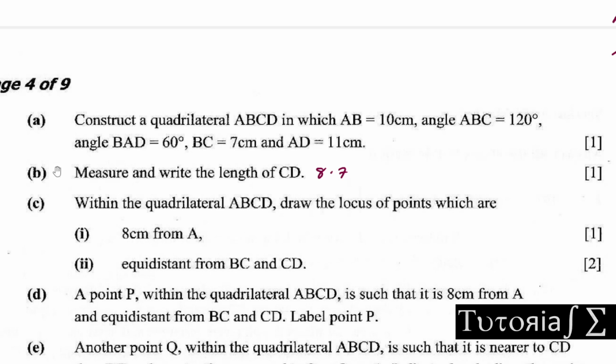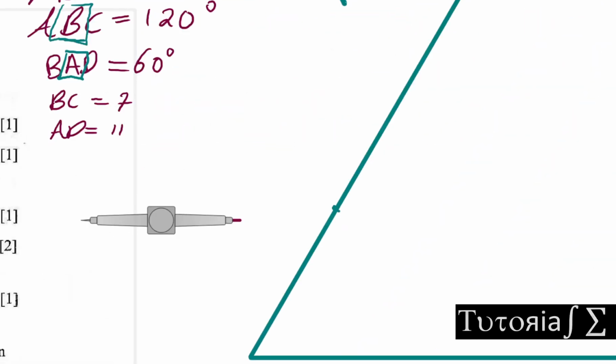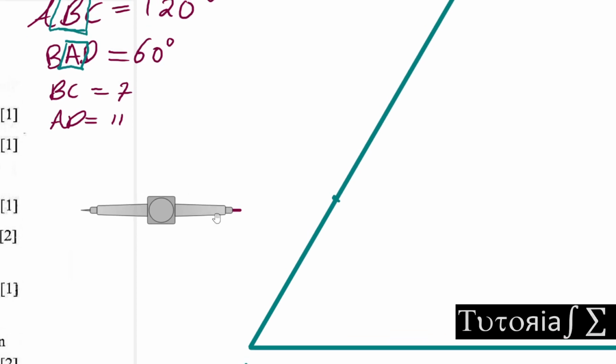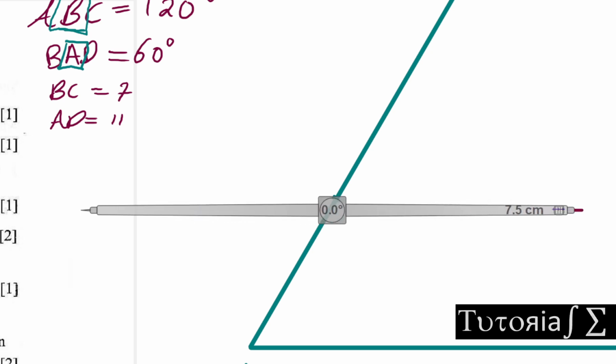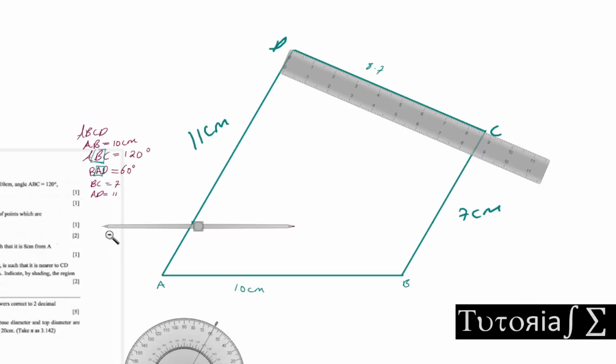Then within the quadrilateral, draw the locus of points which are 8 centimeters from A. So let's draw. This is our A. Measure out 8 centimeters. Stretch out. Measure out 8 centimeters. Put it at A. Just draw that.